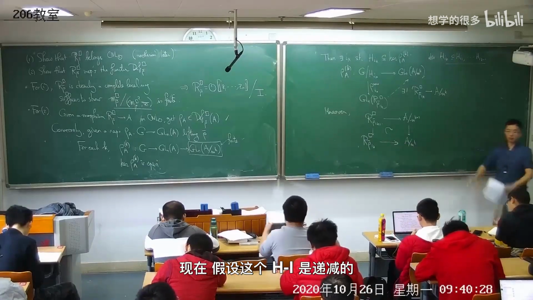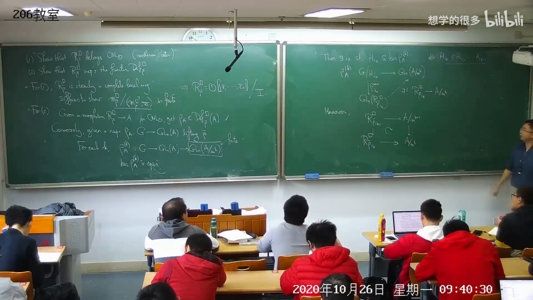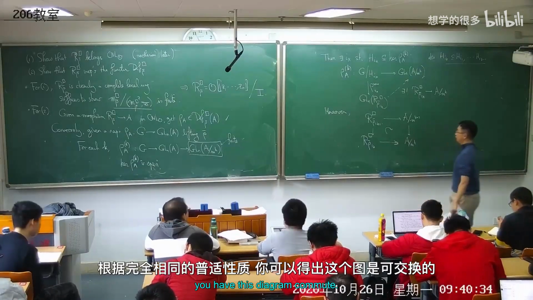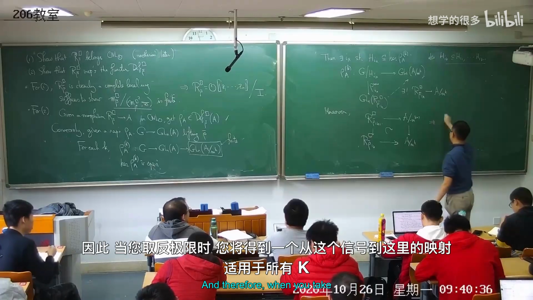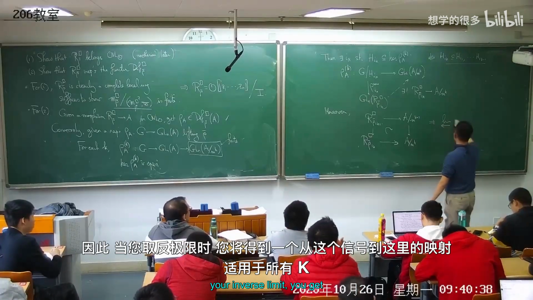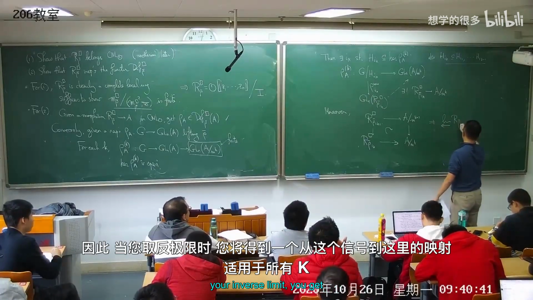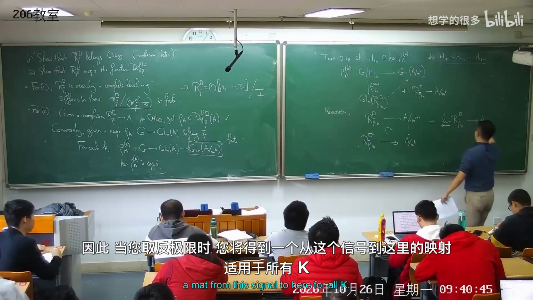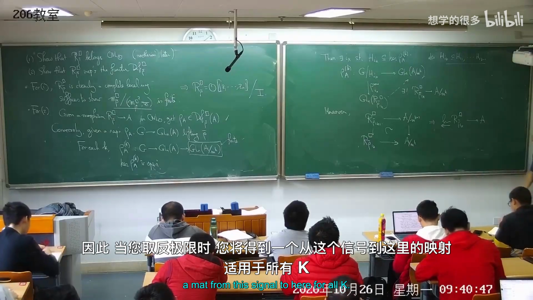You just take these H_i to be decreasing. By exactly the same universal property, this diagram commutes, and therefore, when you take an inverse limit, you get a map from this thing to here for all k.